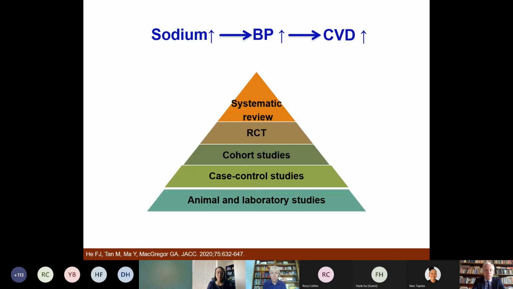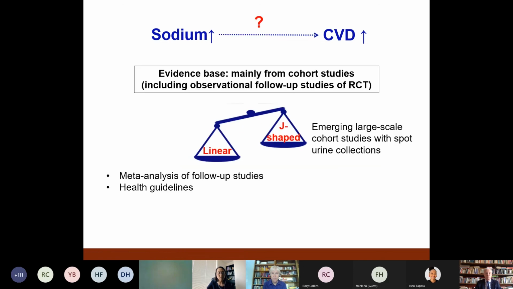As we have learned from the wonderful earlier talks of our distinguished speakers of today, there's compelling evidence showing that high sodium intake increases blood pressure, and elevated blood pressure is a key contributor to major cardiovascular events, both in a dose response manner. So isn't it reasonable to also expect a linear relationship between sodium intake and cardiovascular disease?